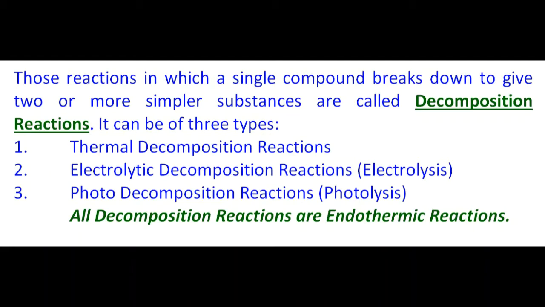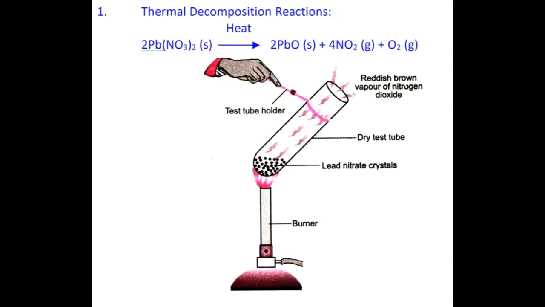Now, here we give an example in the laboratory. Look at it closely. We have taken powdered lead nitrate in a dry test tube and heated it over the flame. You see, brown fumes of nitrogen dioxide come out, and a yellow residue of lead oxide as crystal is left behind in the test tube.